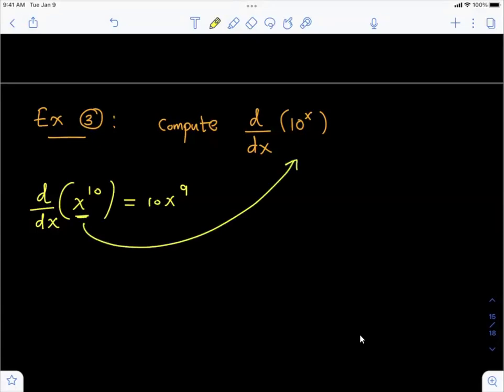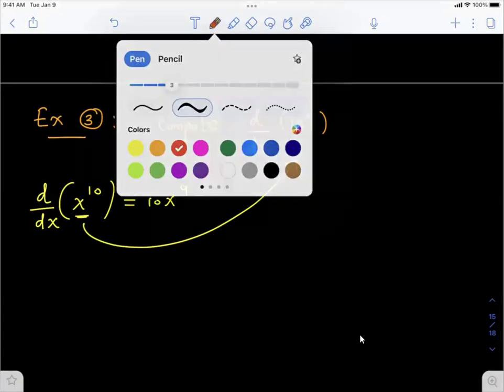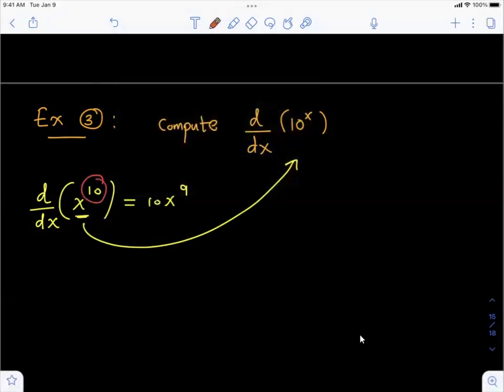We have 10 raised to the power of x, not x raised to the power of 10. The key component behind the power rule is to have a fixed exponent at the top. It should be a constant. However, in this scenario, we do not have the luxury of a fixed exponent.